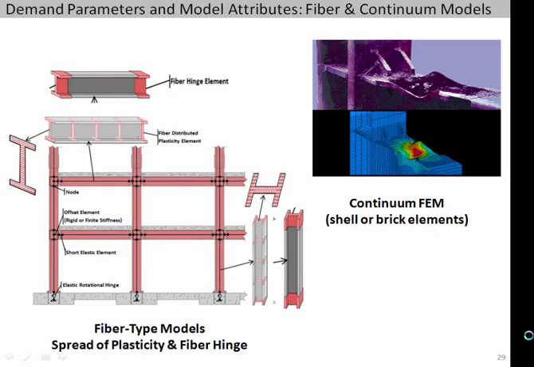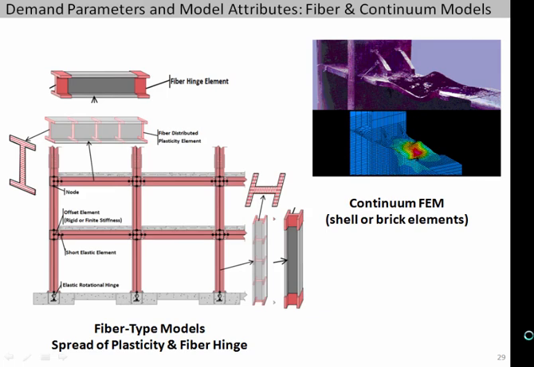Going forward, though, you could go to fiber-type models, where we're capturing the distributed plasticity through a cross-section and along its length, or over to continuum-based finite element models. This is an example shown in the slide here. If you're really trying to understand something about, say, a haunched reinforced steel connection and the effect of local buckling and fracture, our continuum models are getting to the point that they could start to pick up those effects.